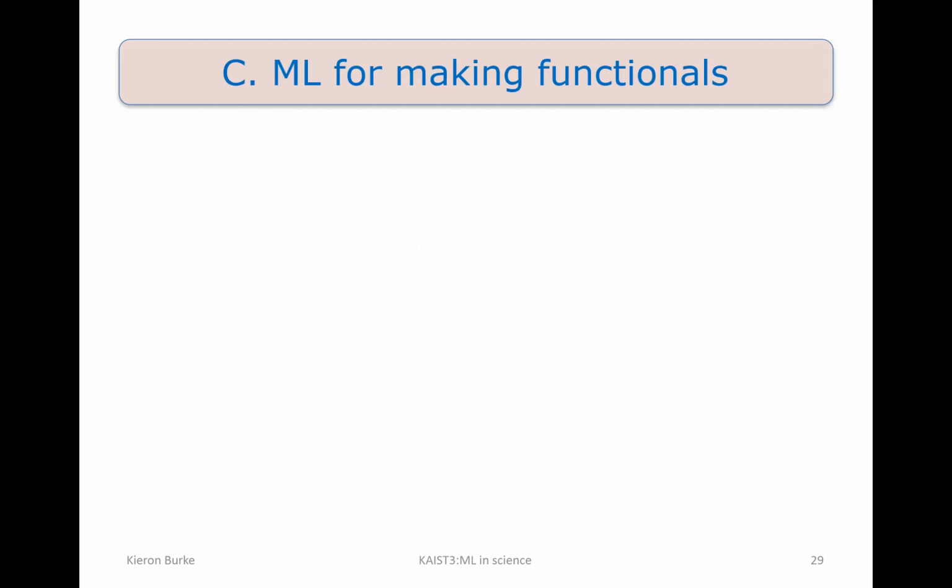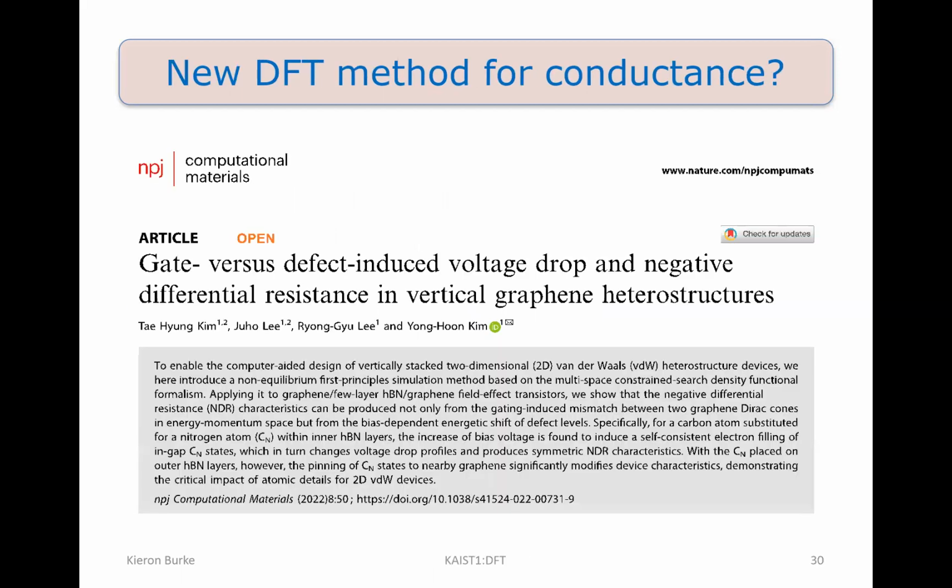Okay, machine learning for making functionals. That's what I want to finish this hour on. This was one of the slides that was missing from yesterday. Here we are, these are the two-dimensional structures, right?